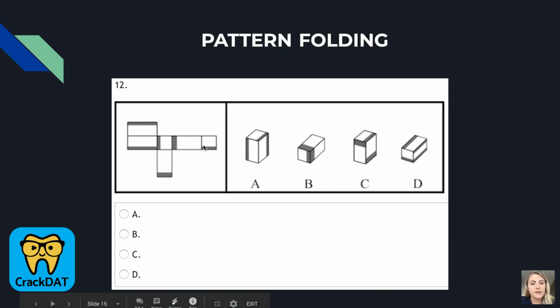Then we go B, this vertical line does not touch any of these horizontals. So B can't be the right answer. Then we go, okay, C, this vertical line on this one touches a horizontal down and not a horizontal down, and it does not touch this. So C can't be the right answer because there's no connection here to here.